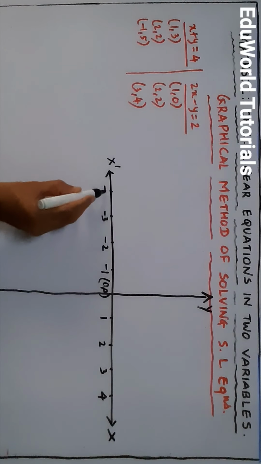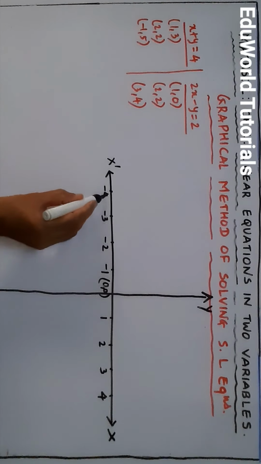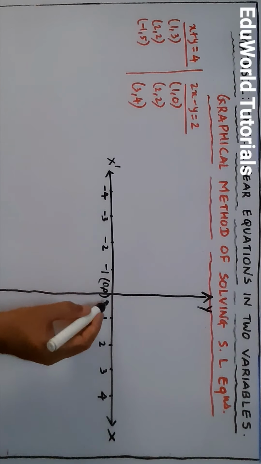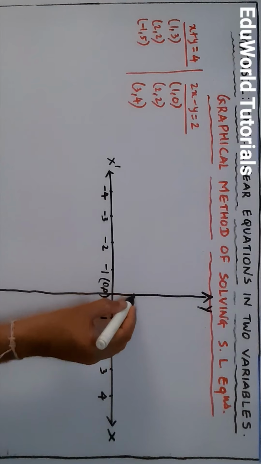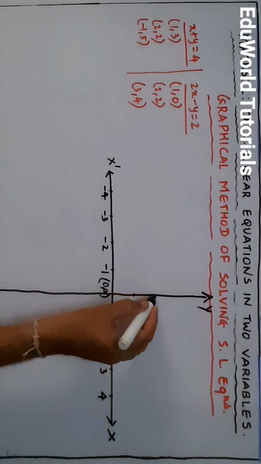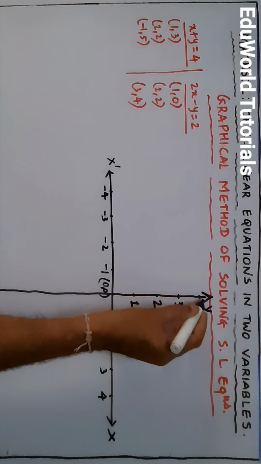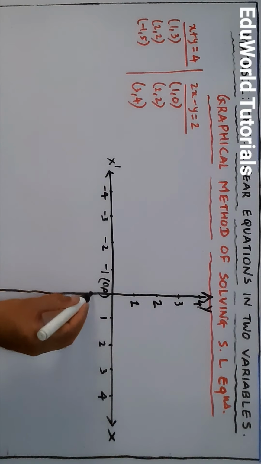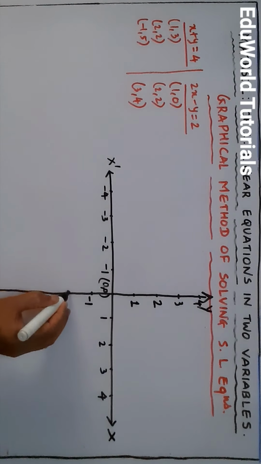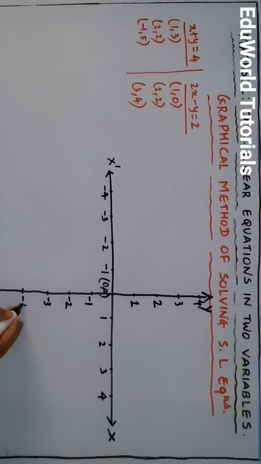These are the negative numbers. In fact, the x and y axes are two number lines intersecting each other at right angle at 0. This is the positive y axis: positive 1, 2, 3, 4. Negative numbers on the y axis: negative 1, 2, 3, 4.